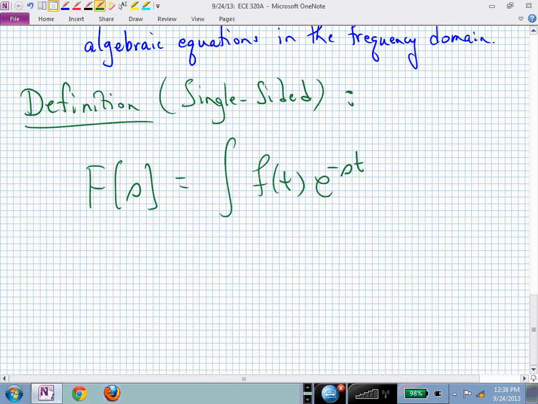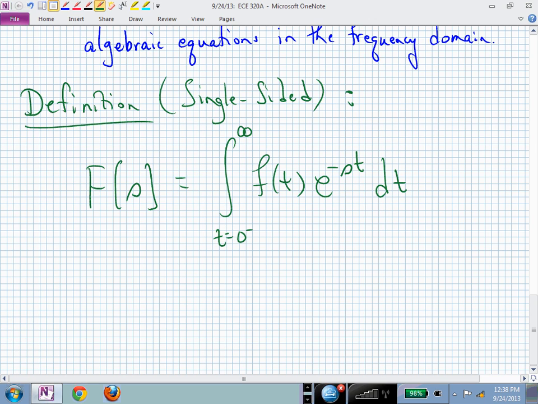S is the complex frequency variable. We integrate with respect to time. Time is going to be eliminated. So we're looking over all of time from time equals 0 minus. We include all of the origin, t equals 0, and we go up to the infinite horizon on time, and we condense all of that down.